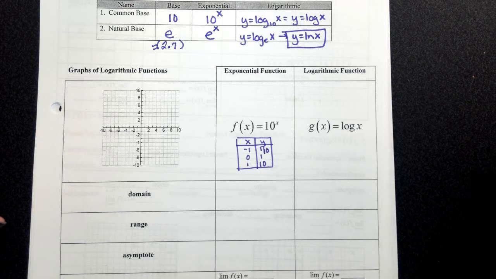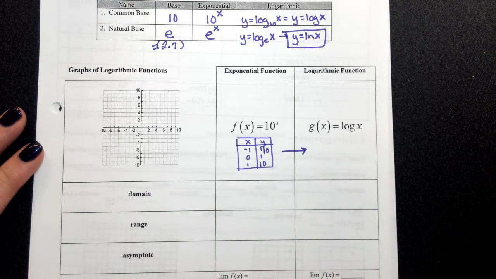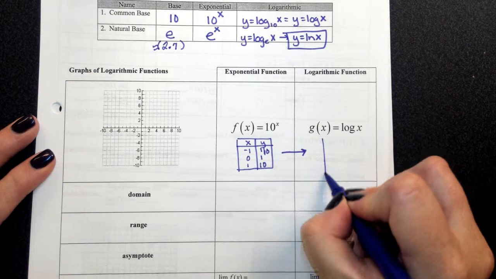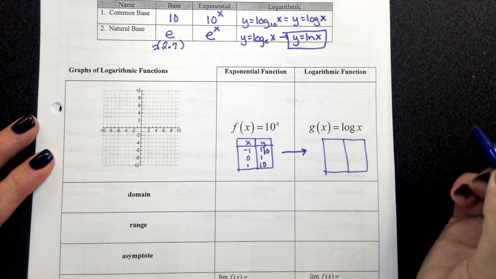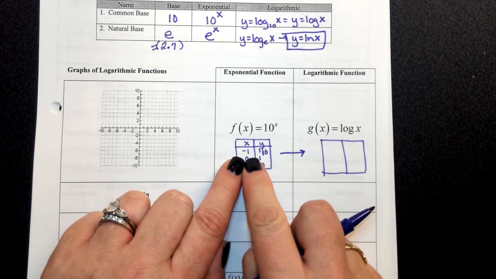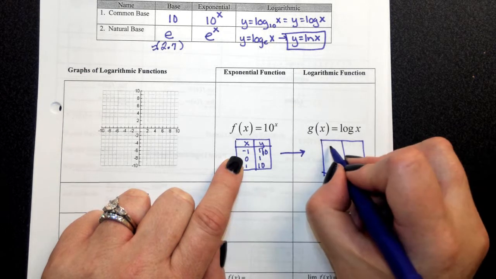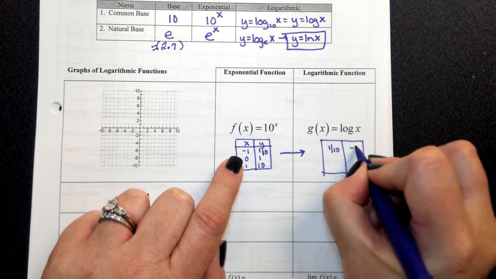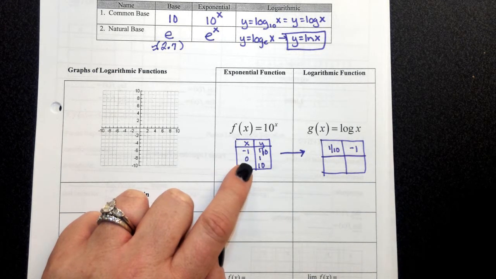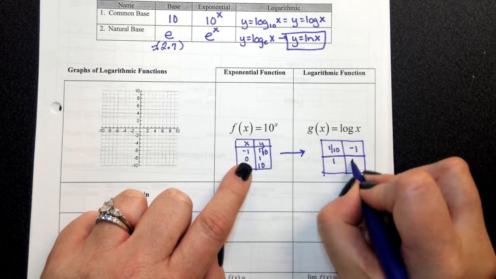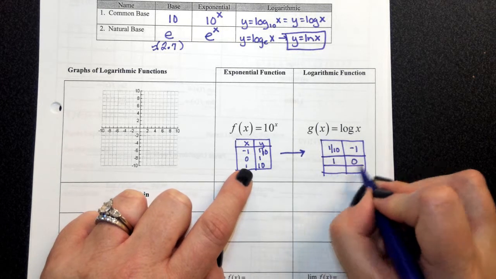Right? So now, to figure out what's going to happen with the log graph, I'm going to switch the values in my table, switch those x and y values. So for my exponential function, I had negative 1, 1/10. So again, I'll end up with 1/10, negative 1 on the log graph. 0, 1, when I switch it, will go to 1, 0. 1, 10 will go to 10, 1.